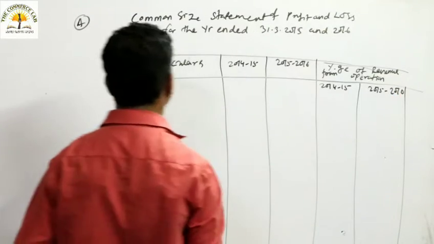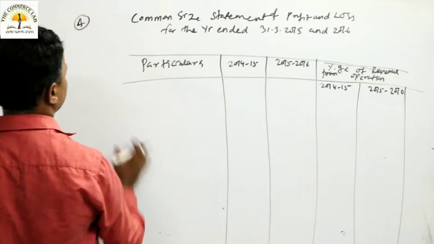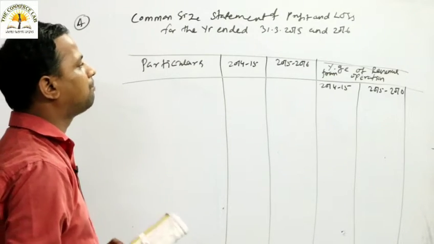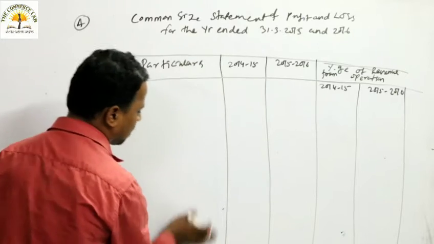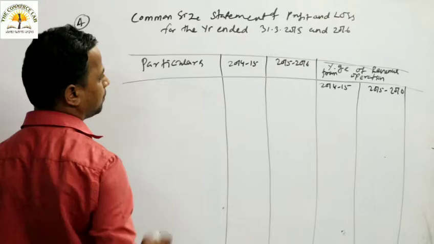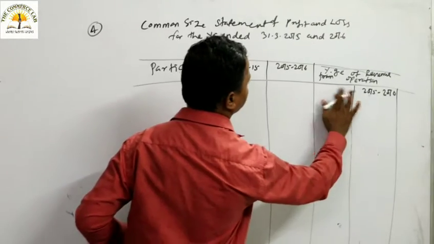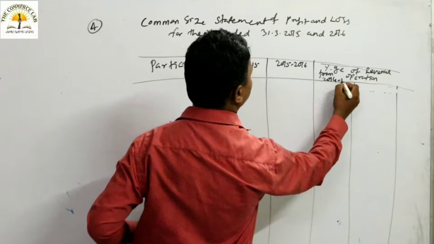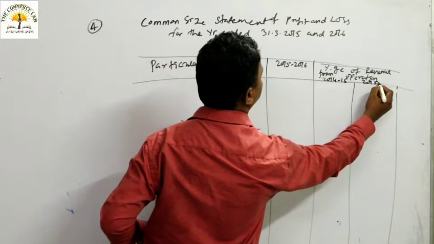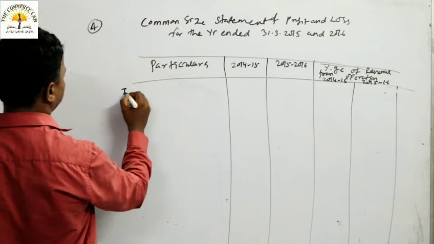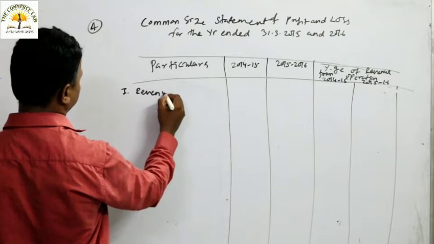Okay, so as this is a common size statement of profit and loss, the main purpose is to calculate profit after tax or profit. Okay, so how to calculate, we have to see. So you have to write like this: 2014-15, 2015-16. Okay, so first one will be revenue from operation.